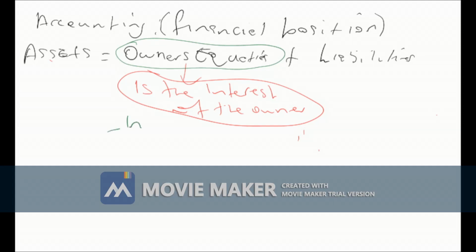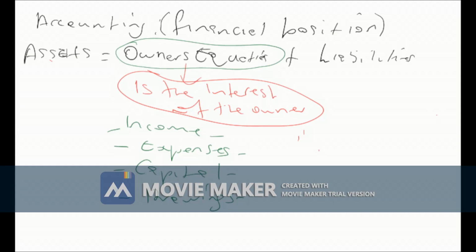We have income, we have expenses, we have capital, we have drawings. These are the types of owner's equity that we need to understand so that all things will be easier for us to master.